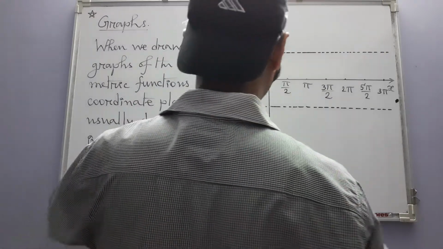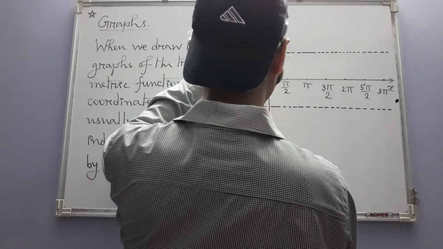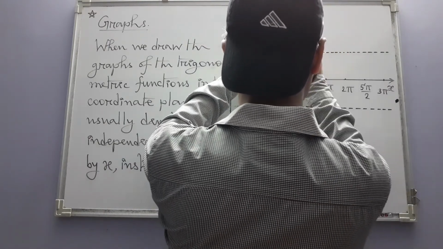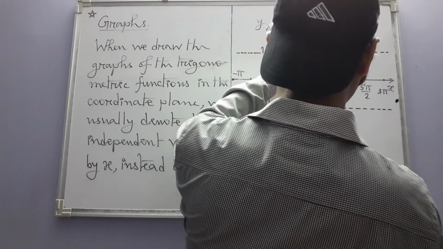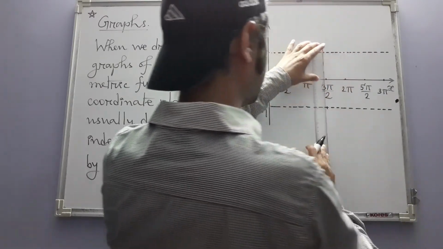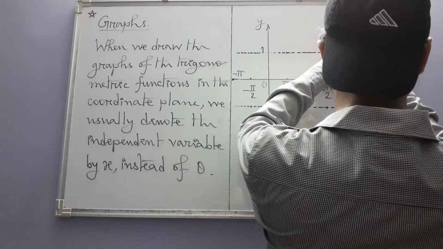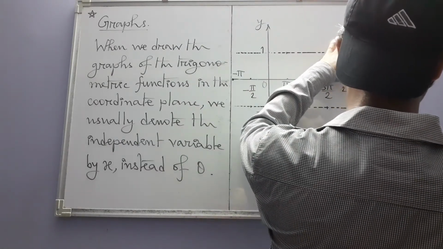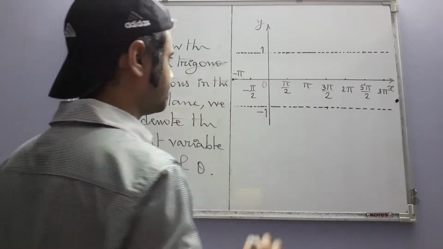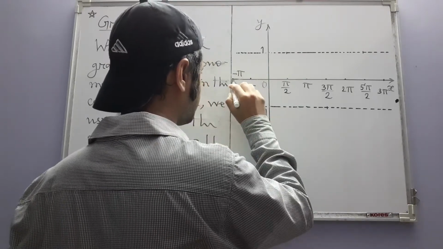Okay, now let me also locate the points on these horizontal lines where the graph will meet these lines. So things look like this.